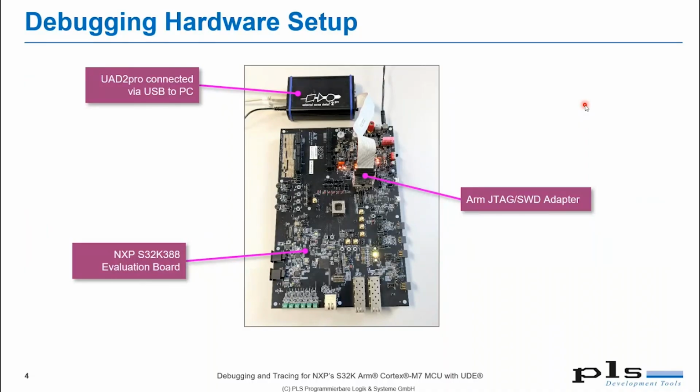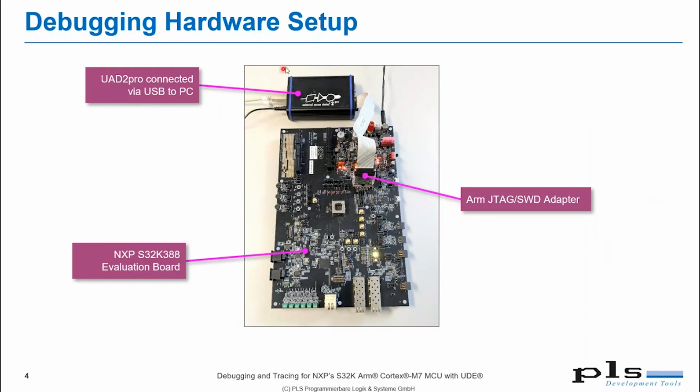Before I switch to the debugger, to the UDE, a few words about the hardware setup. This is an example picture. You see the NXP evaluation board, and this small part is the S32K388 microcontroller. This picture shows the simplest hardware setup for debugging.